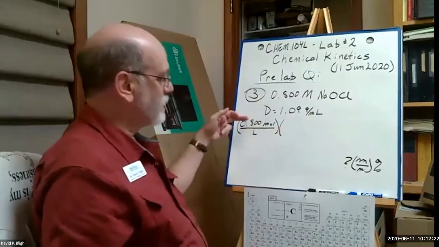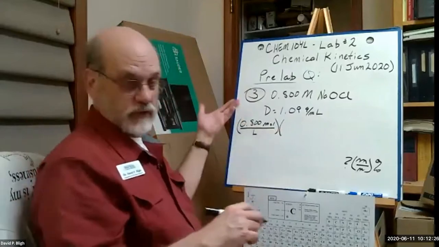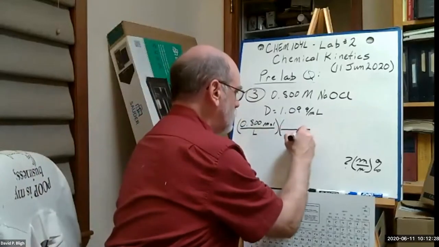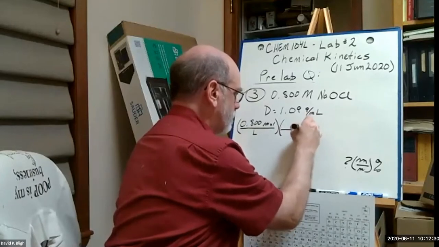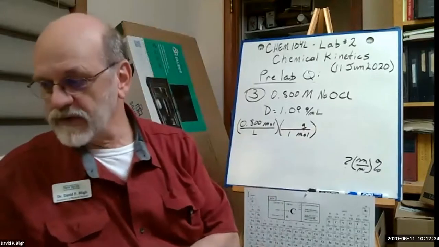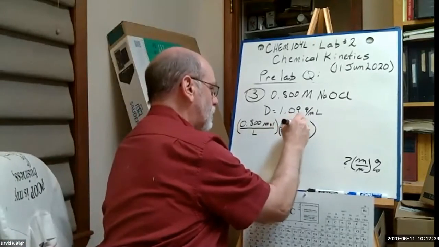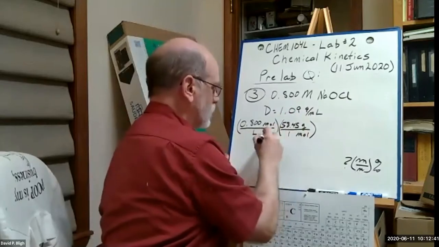We need grams of sodium hypochlorite, right? So let's convert moles to grams. What was our molar mass? Our molar mass was 58.45. Okay, so we got that one taken care of.